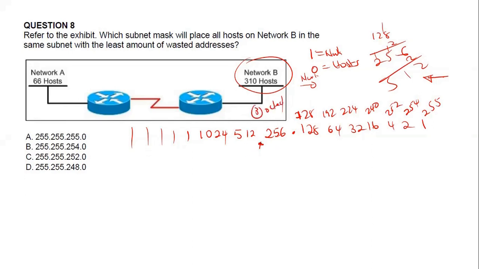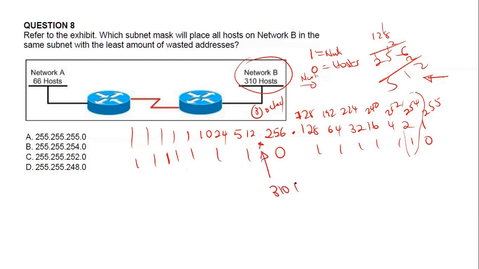So if I'm on the third octet and I put it out, 1, 2, 3, 4, 5, 6, 7, 8, same scenario: 1, 1, 1, 1, 1, 1, 1, 0. We are here, and this is 254, on the third octet, because our 310 falls here.